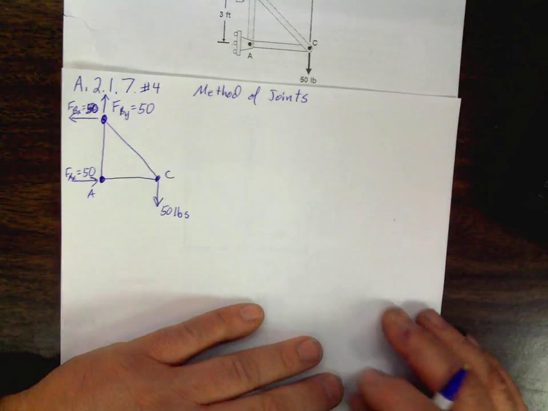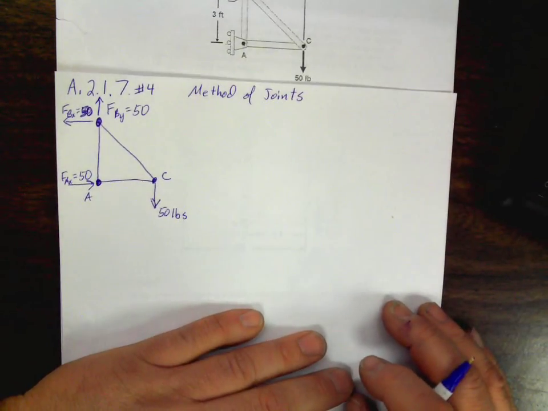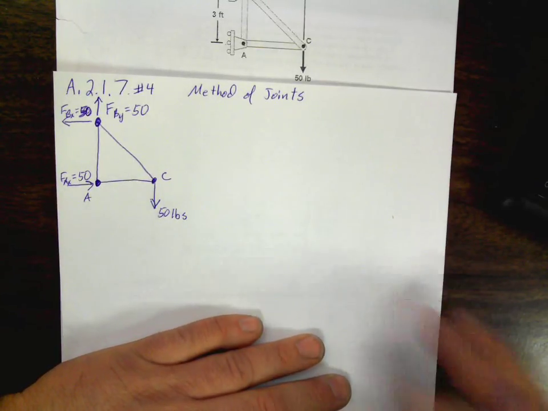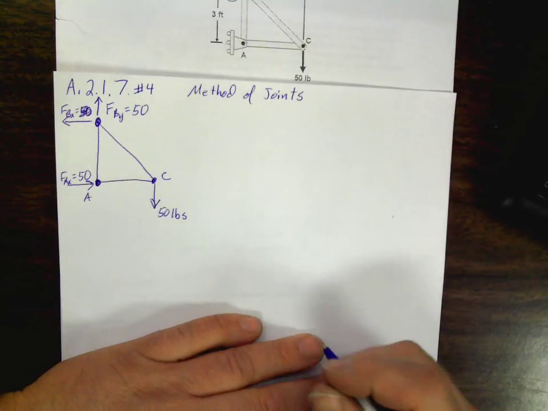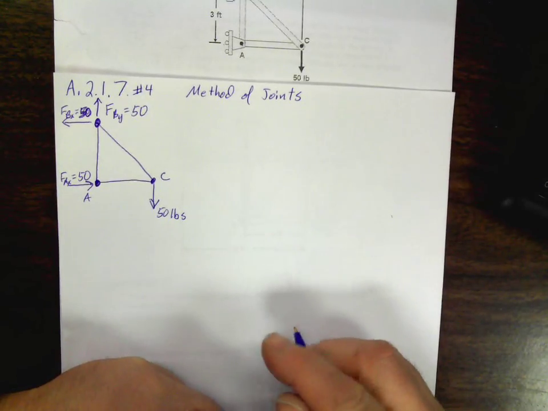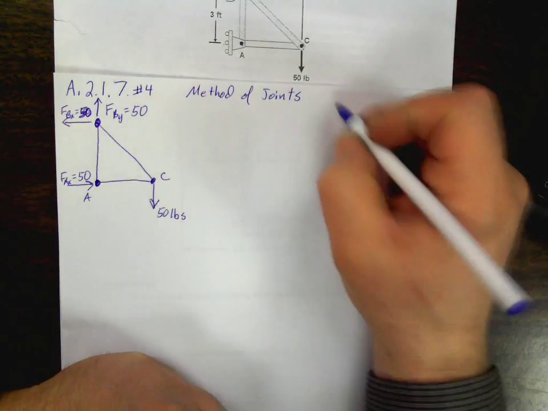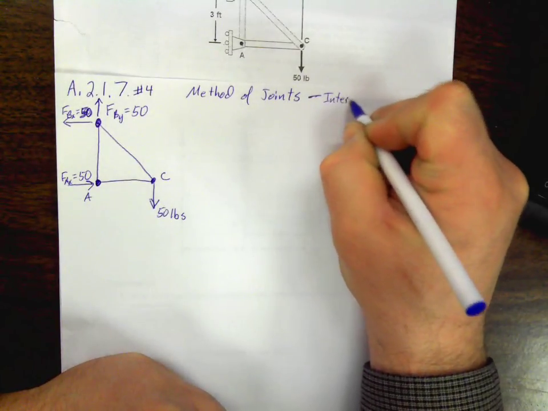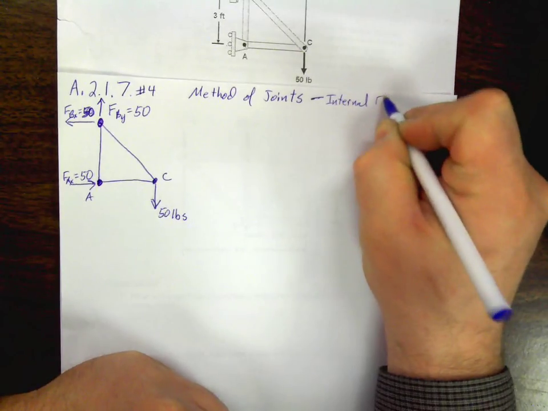Okay, so here we are continuing with activity 2.1.7, number 4. This is called the method of joints, and now we're going to determine the internal forces on these members in this truss.